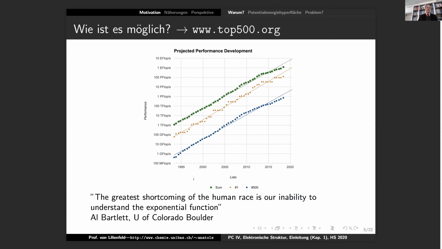In blue, you see among the 500 the least performing one. And then in green, you see the total, the sum of these 500, right? That one grows continuously. Now, why does that matter to chemistry? Well, it's these computers we use to make predictions, right?